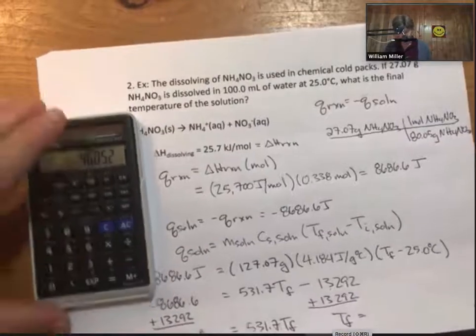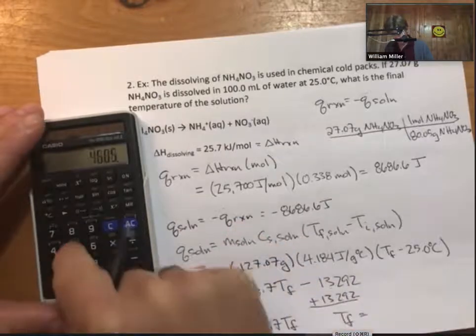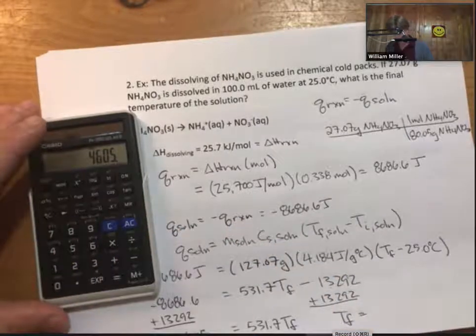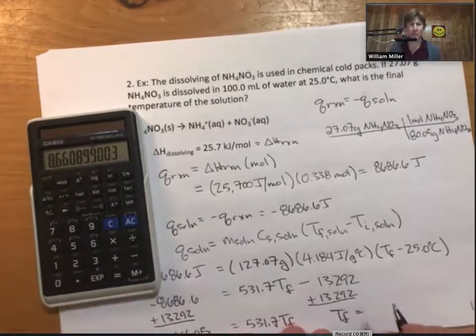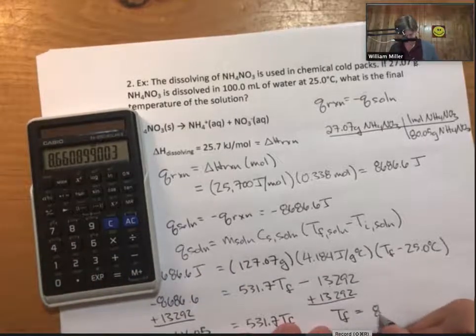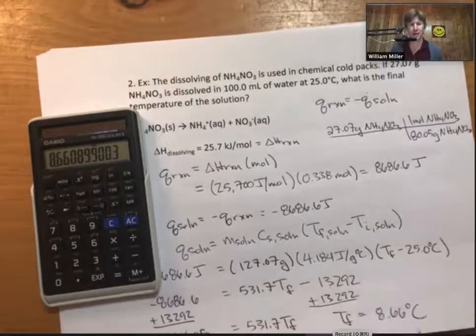Divide through both sides by 531.7, and I get 8.66 degrees Celsius. It's my final temperature.